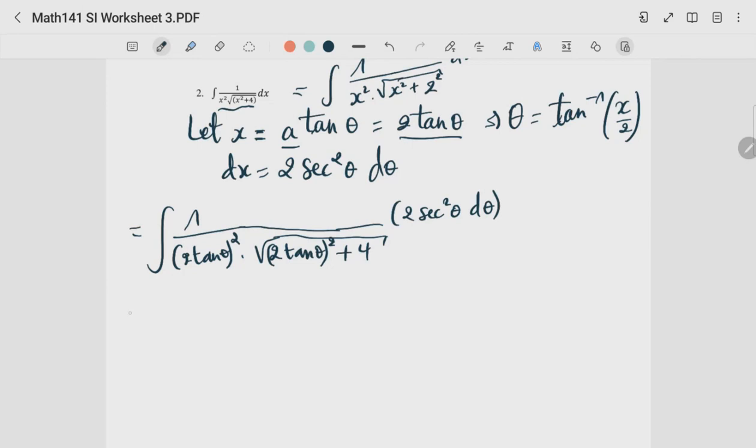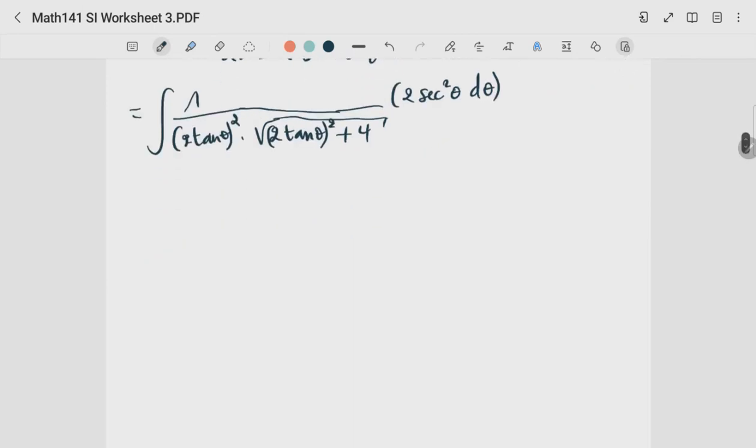So now, moving on, this can be simplified further.